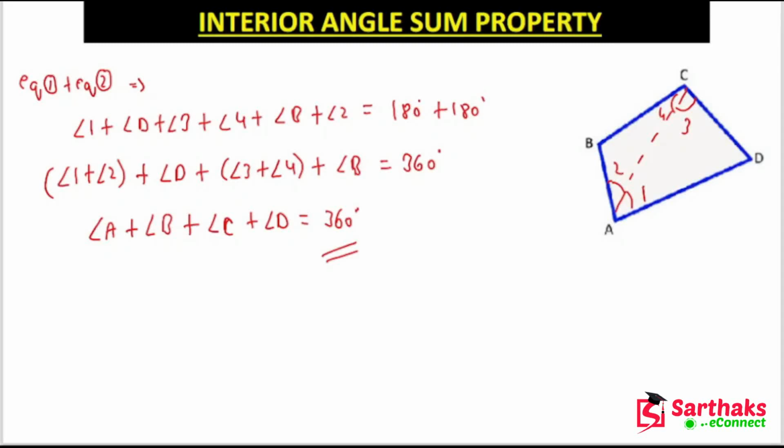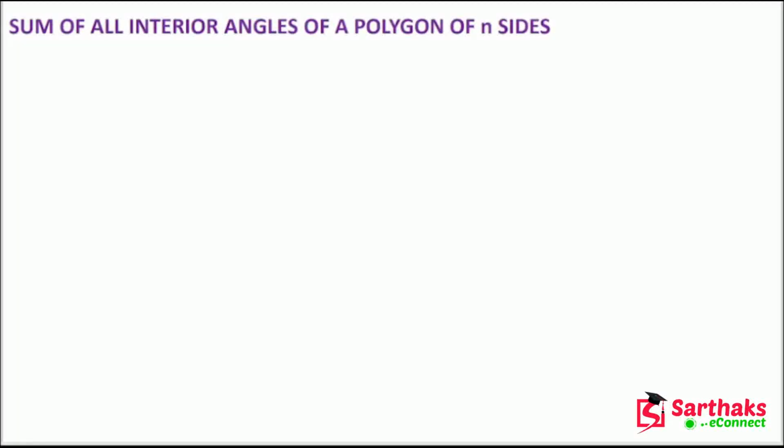Let us define a general formula for this purpose. So now we are going to talk about the sum of all interior angles of a polygon of n sides. Suppose a polygon has n sides. So what is the sum of all interior angles of a polygon? Okay, so let us talk about it.